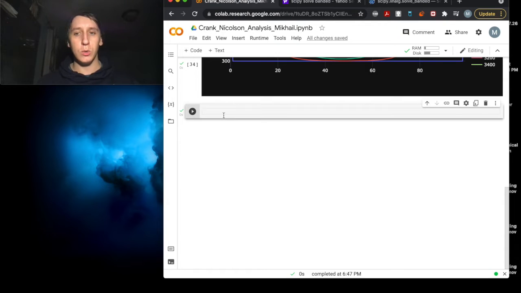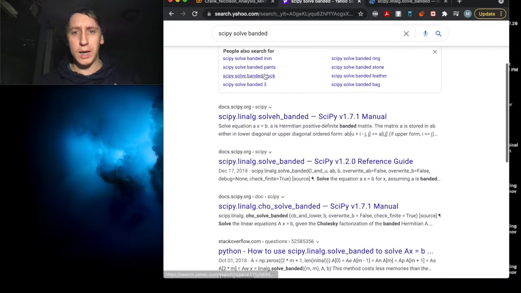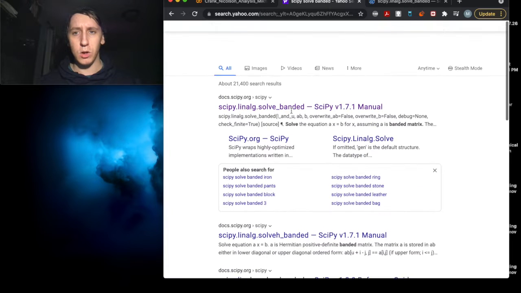So what we're going to do here is the matrix calculation by utilizing something from SciPy called solve banded. I actually have it pulled up here. If you go to SciPy, you can look up and see what that's all about.